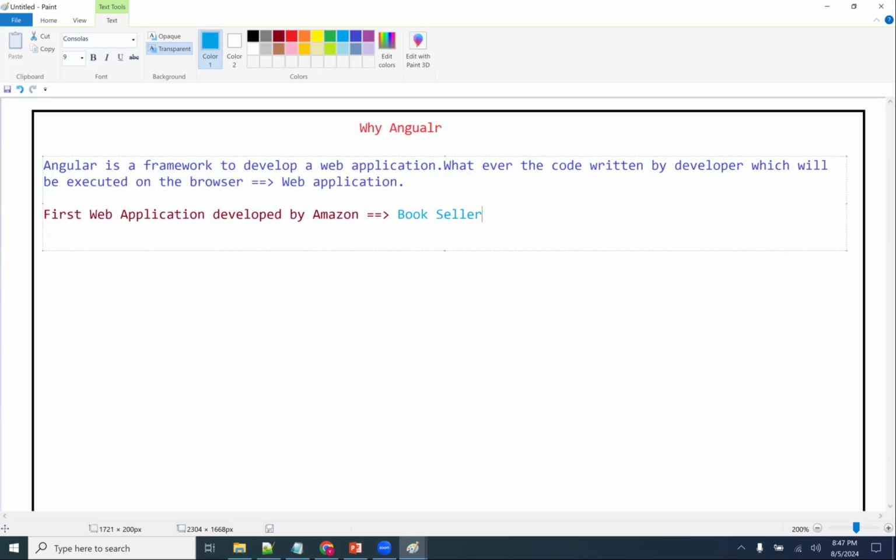Just think about 20 years back, guys. If you want to learn anything, what is the option you have at that time? Only books. Now, Angular you want to learn. Exactly 20 years back, if you want to learn Angular, the only option is books, guys. So Amazon is a bookseller. In the US at that time, if you need any book, any type of author, any kind of book, the source is Amazon.